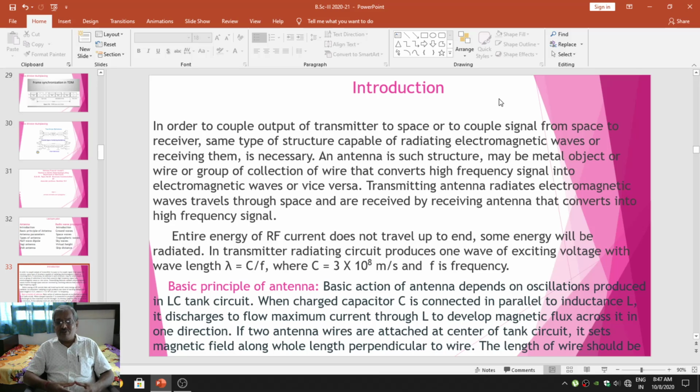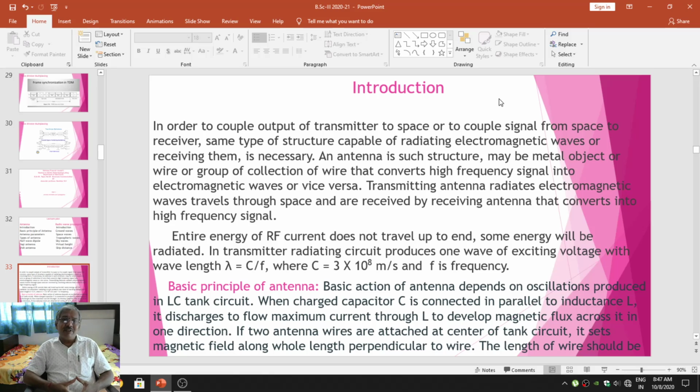It couples the signal from the transmitter to the space, or it couples the signal from space to the receiver.